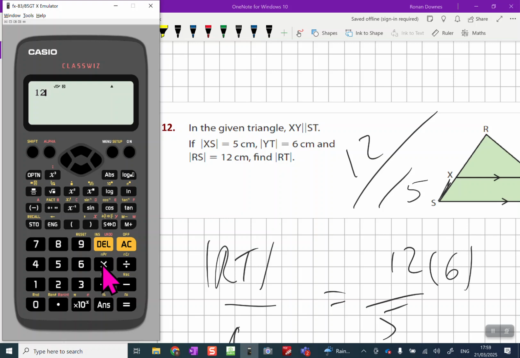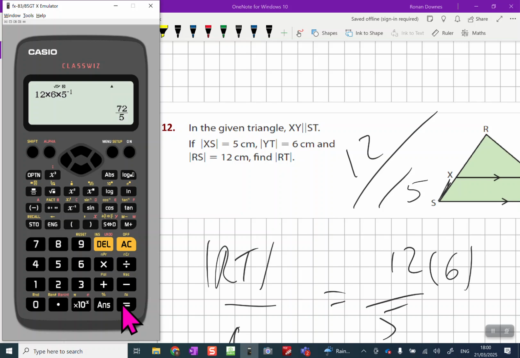Remember products: factors multiplied together to give product. 12 by 6. But the factor downstairs is a 5. And because it's downstairs, you can just say this fellow says it's downstairs. Boom. Okay, answer 72 over 5 centimeters.